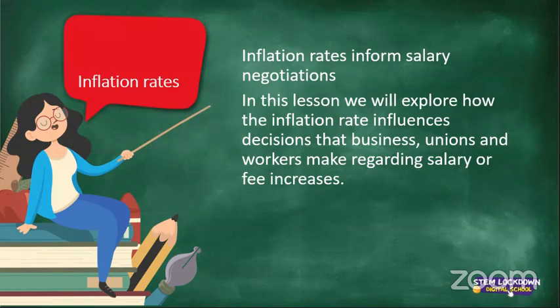This is also explaining the value of money. Remember when we explained the value of money and how it decreases as time passes by? That is why there's a need for the consideration of inflation rates when determining people's salaries. It influences the decisions that business unions and workers make regarding salaries or fee increases.